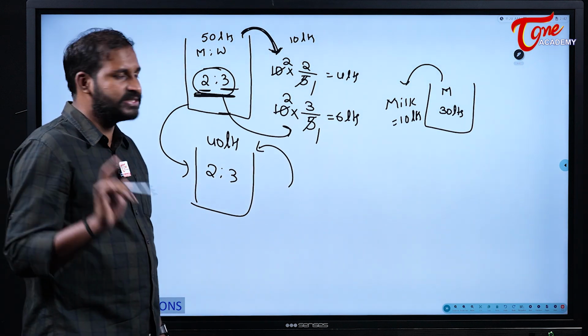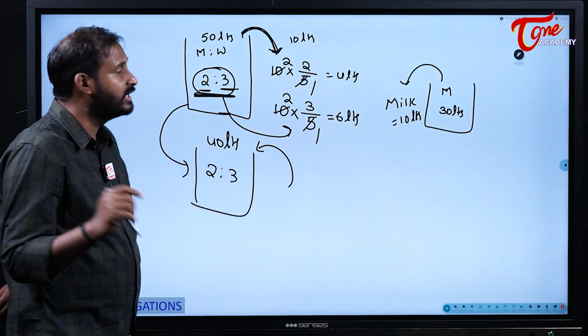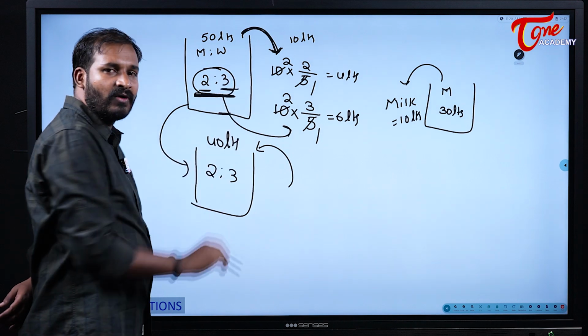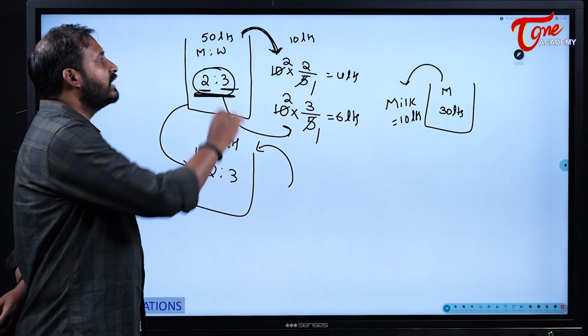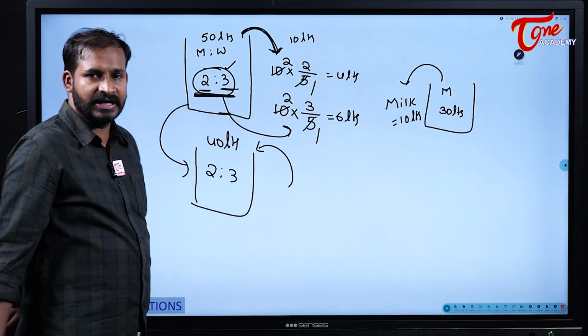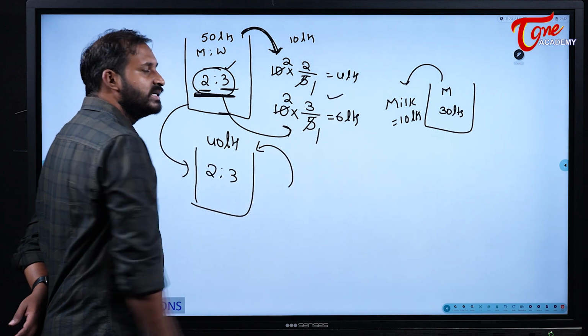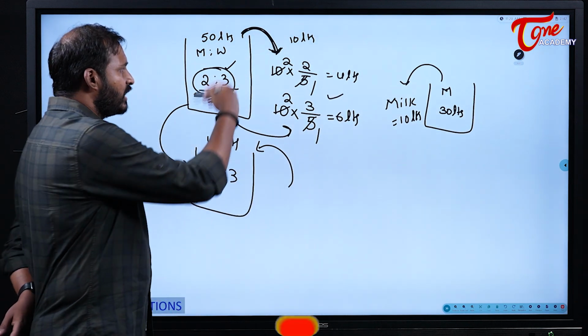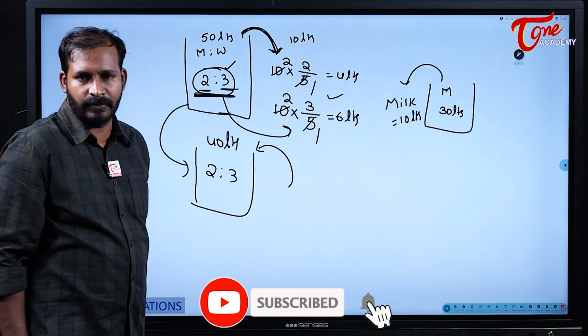Understood, students? Basic concept. Two things you should understand here. The first one is, when you draw some quantity from a mixture, the output also contains the components in the same ratio as the mixture.